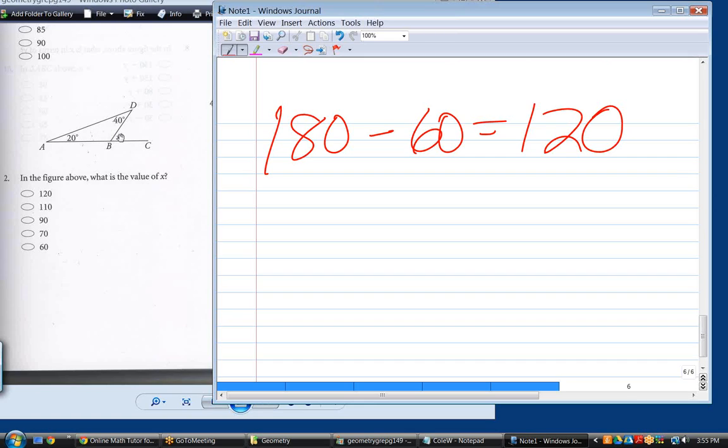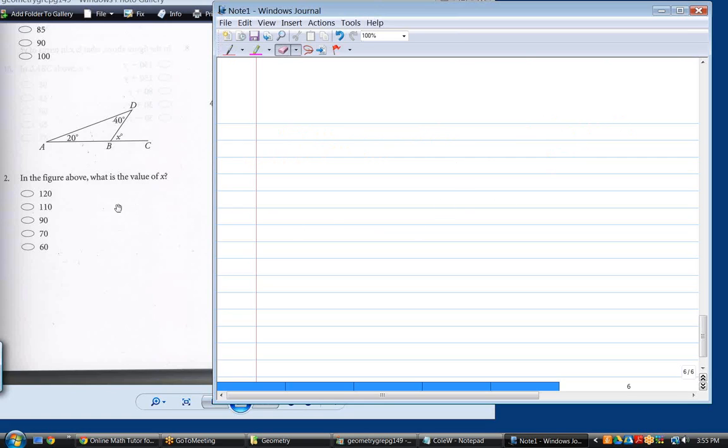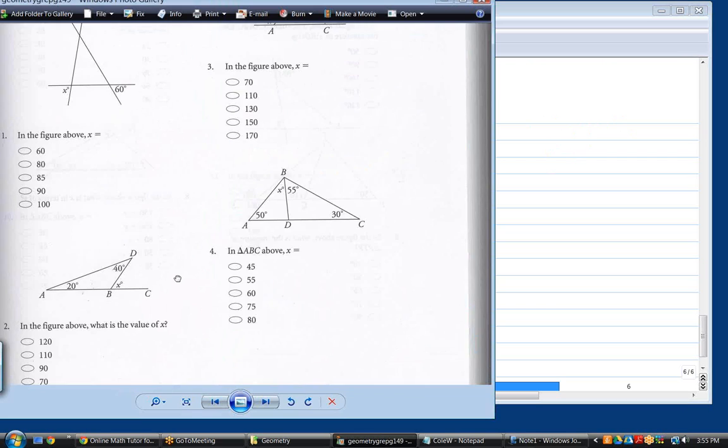Because x has to be supplementary to this angle, and this angle has to be supplementary to the sum of these two, x has to equal those two. 120 is what this angle is, making this angle 60. We could have gotten there a little more directly if we knew this theorem: an alternate exterior angle is equal to the sum of the other two interior angles.